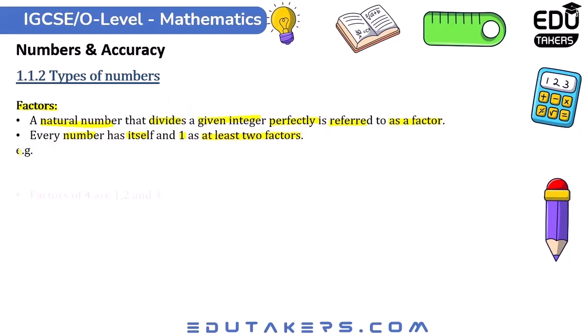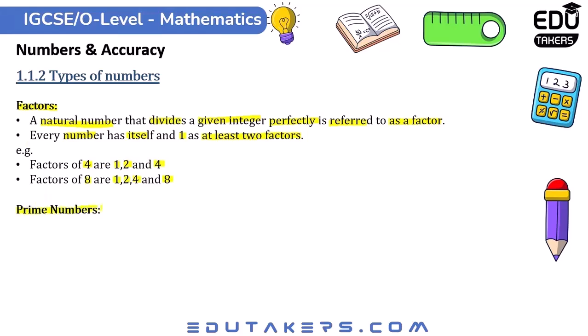For example, factors of 4 are 1, 2 and 4. 4 can be divided by 1, 2 and 4 perfectly. Factors of 8 are 1, 2, 4 and 8.